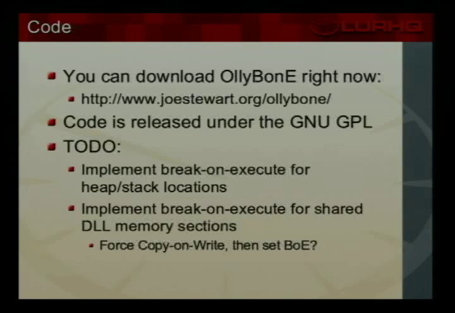I would also like to be able to set break on execute on DLLs. The problem and the reason that I'm not doing this already is because some of these DLLs are in shared memory. So if you go and set a break on execute on a particular section in kernel32.dll, then every program on your system is going to hit an int breakpoint immediately and blue screen your system if you're lucky.